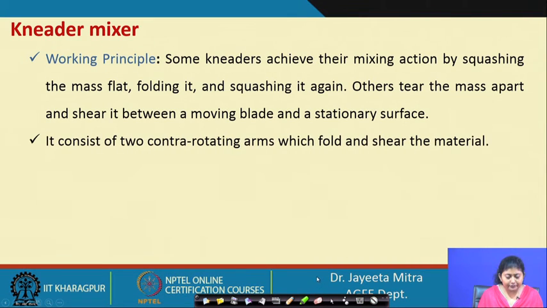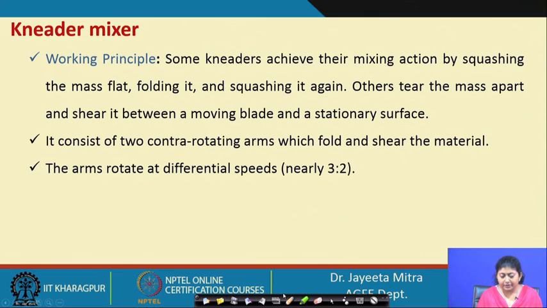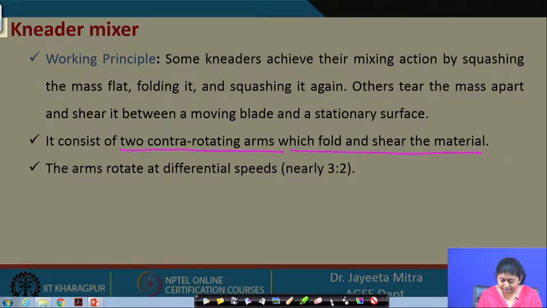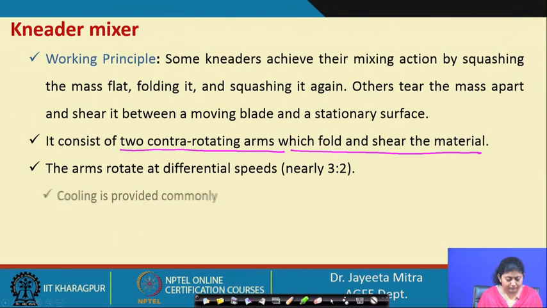So, it consists of two contra rotating arms which fold and shear the material, and the arms rotate at a differential speed of nearly 3:2. Okay. So, the speciality is that two contra rotating arms fold and shear the material. Cooling is commonly provided.